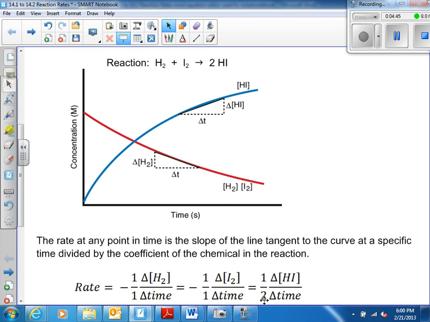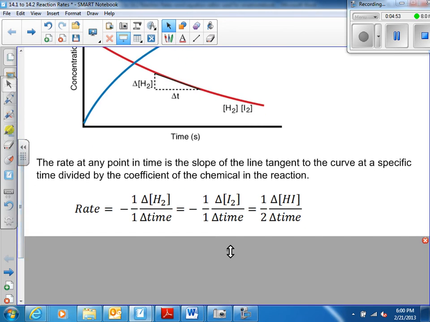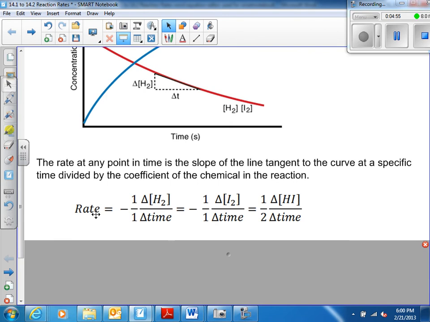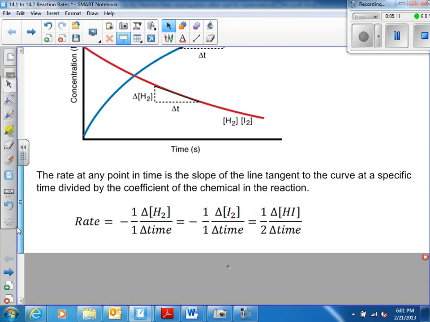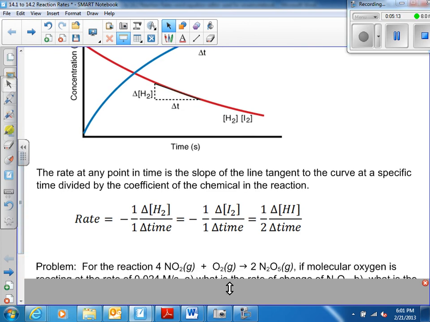So that's why we have 1/2 of the change in HI over the change in time. You always divide by the coefficient. Basically, you're taking the rate as though the coefficient were 1. So if the coefficient's not 1, it's based on a 1 molar change. So if the coefficient's not 1, you have to divide by the coefficient to get the rate as though this reaction were a 1 molar per 1 molar change.